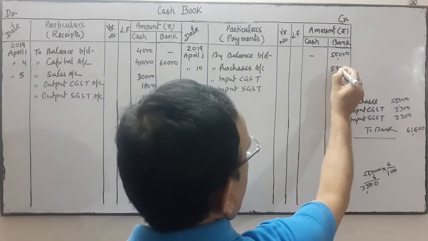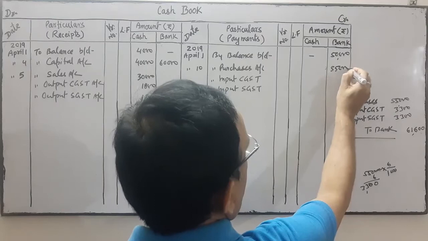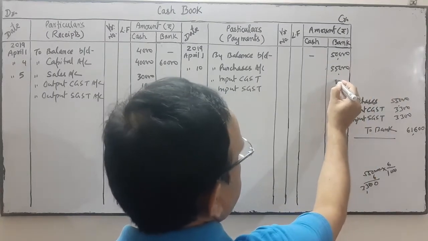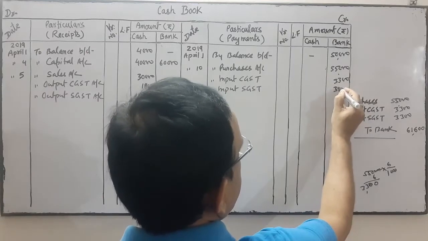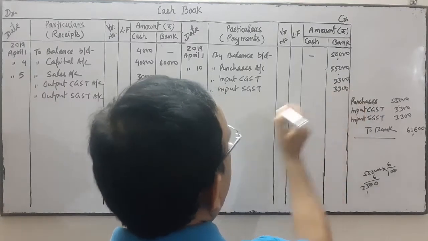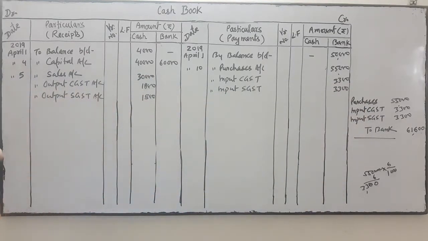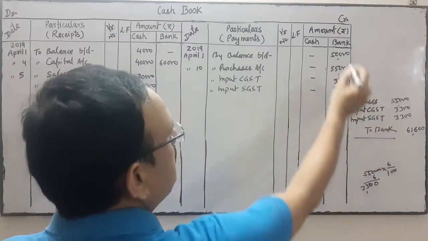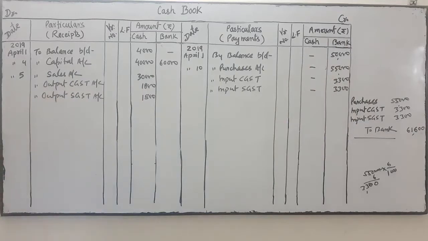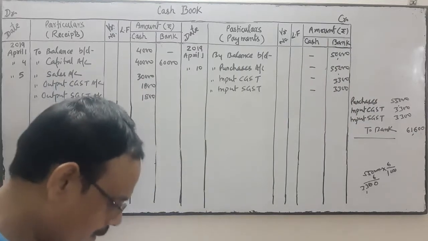Input CGST 3,300 and input SGST 3,300 on the credit side, in the bank column, because bank is on credit. Now see the next.